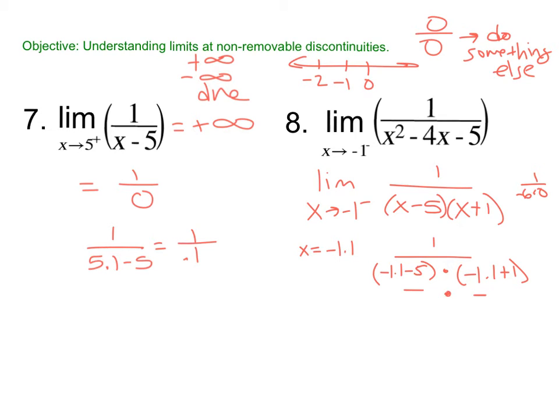A negative times a negative is a positive, so my answer is positive infinity. So I'm looking at the signs to check. When I plug in a number slightly to the left of -1, is my answer going to be positive or negative? That's all I really need to know after I figure out I have 1 over 0.